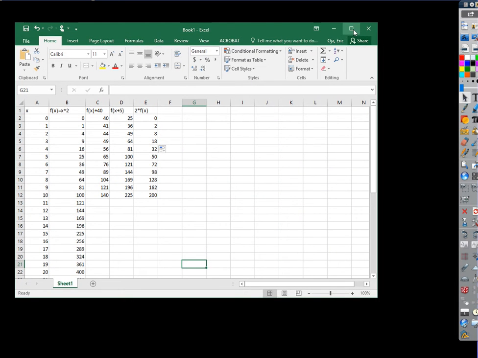So let's go. Let's look at what happens if we take a really simple graph. And I'm just going to use Excel for this.